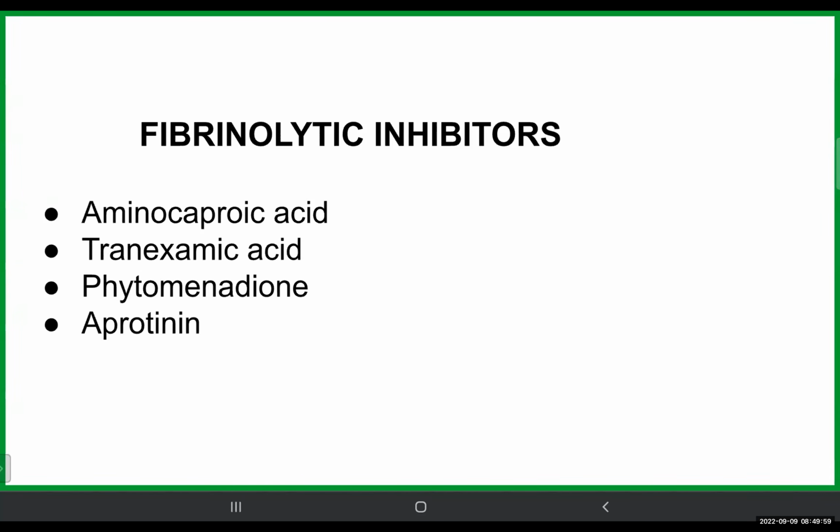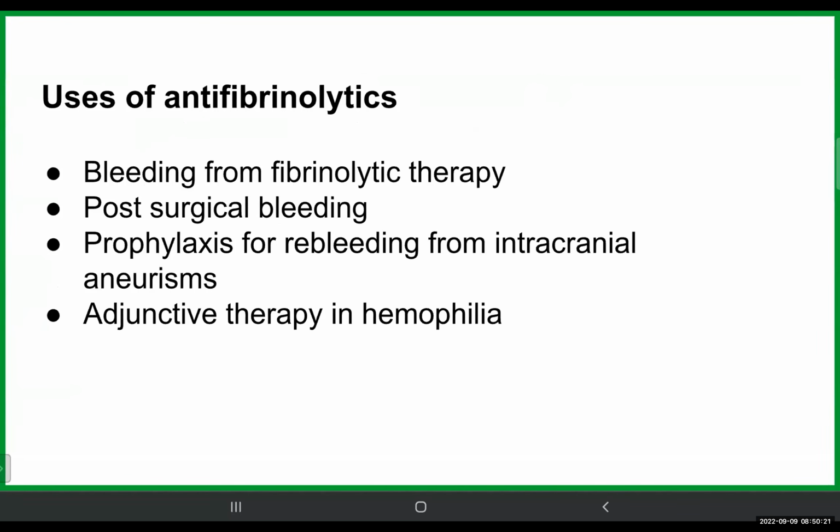The fibrinolytic inhibitors: we have aminocaproic acid, tranexamic acid, phytomenadione, and aprotinin. Aminocaproic acid is chemically similar to the amino acid lysine, and it competitively inhibits plasminogen activation. It is used for bleeding from fibrinolytic therapy, any post-surgical bleeding, prophylaxis for rebleed from intracranial aneurysm, and as adjunctive therapy in hemophilia patients.